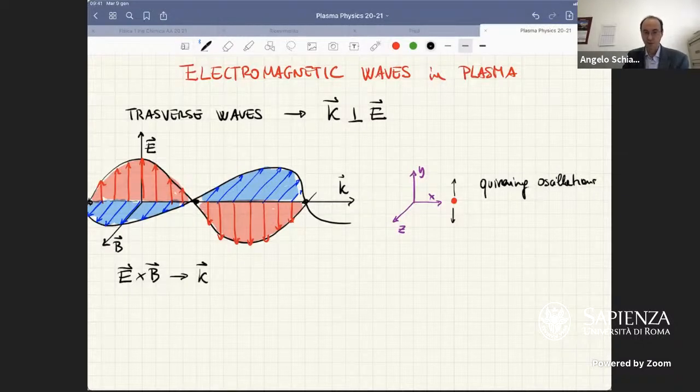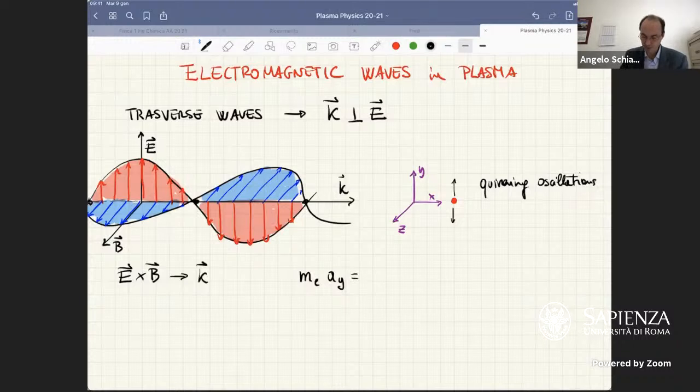And how can we get this localized oscillation of the electron? We can just write Newton's law for the electron, for the single particle, where we have the mass of the electron times the acceleration of the electron along y. So we just take Newton's law in the direction of y.